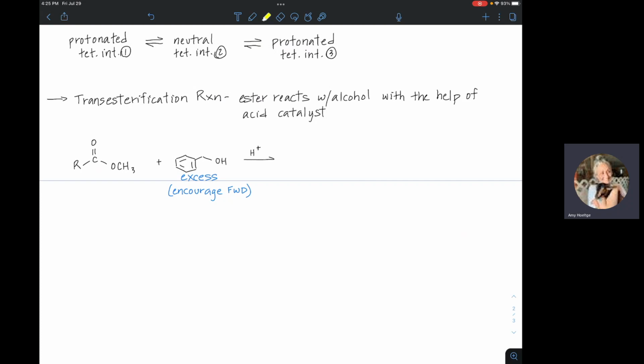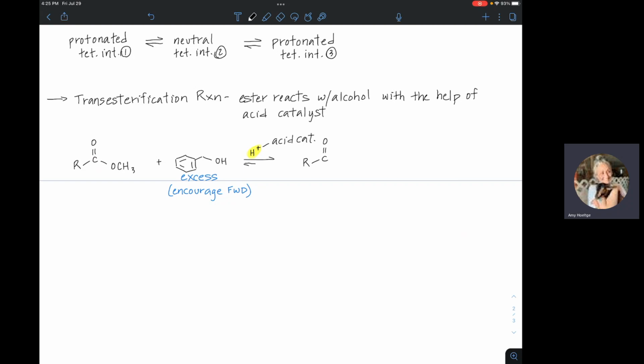So this right here is going to be our acid catalyst. If you ever see an arrow like that, that's telling you that at equilibrium, your products are favored, not your reactants. We'll have our R group, whatever it was, that stays the same.